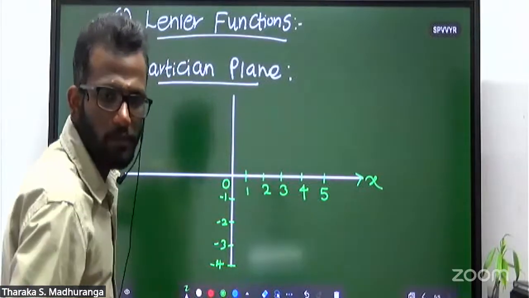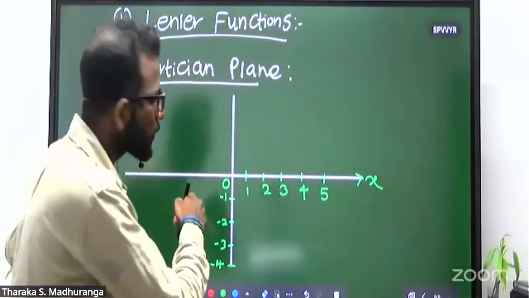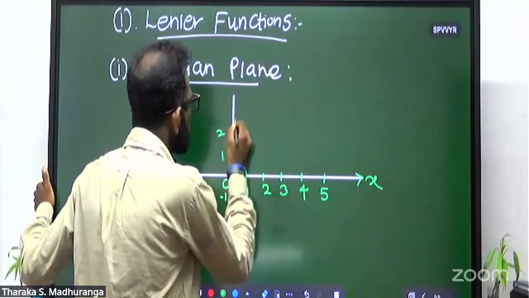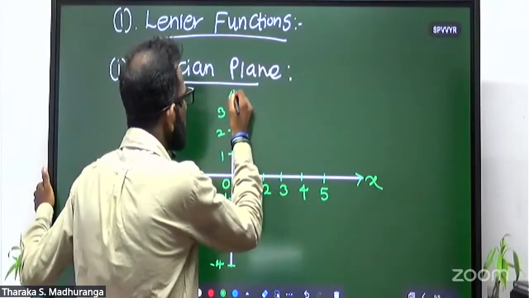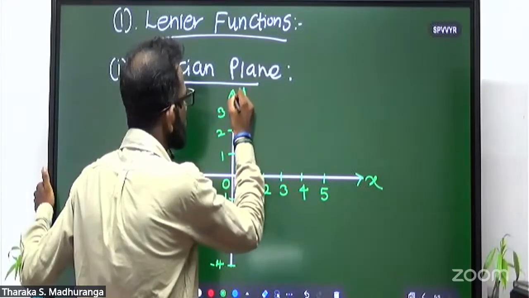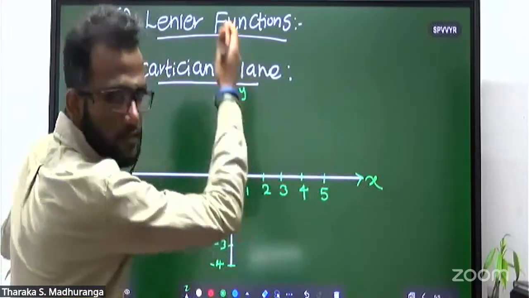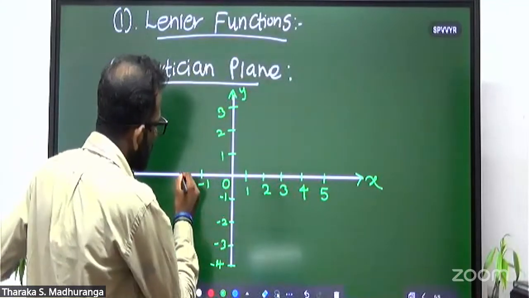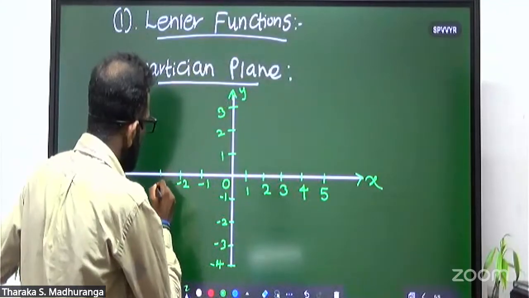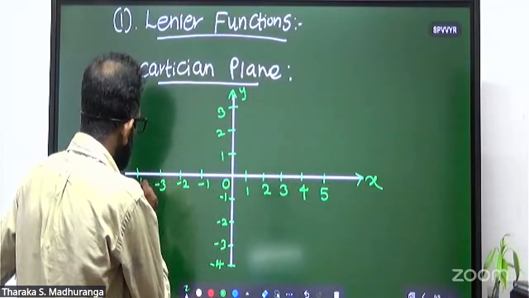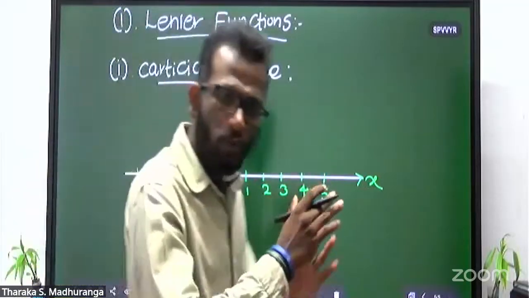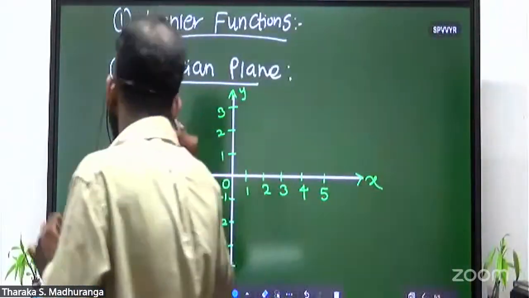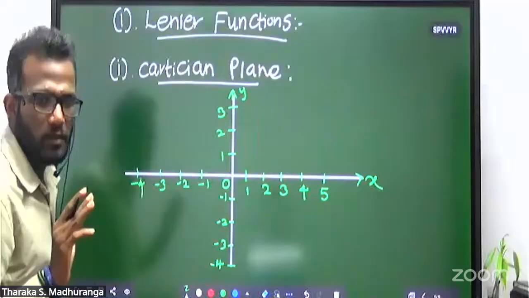This is plus 1, plus 2, plus 3. This is the y-axis. This is the x-axis and y-axis. Then minus 1, minus 2, minus 3, and minus 4. That is enough. If you want, you can go to larger values, but that is enough for our purpose.